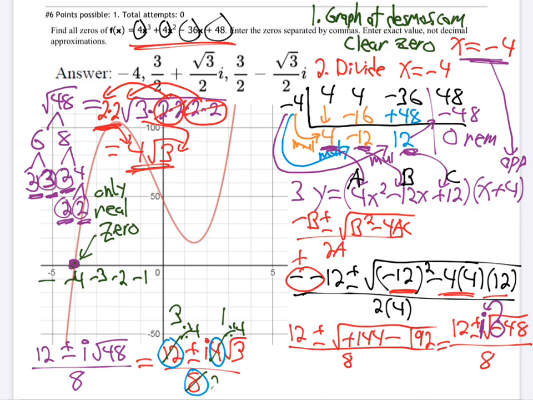Let me do a better job on this one here. So I divided them all by 4. So that leaves 3 plus or minus i times 1. Let me write that better. i times 1 times root 3 all over 2.